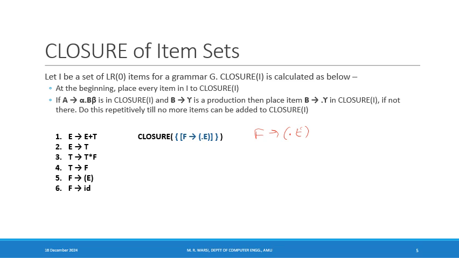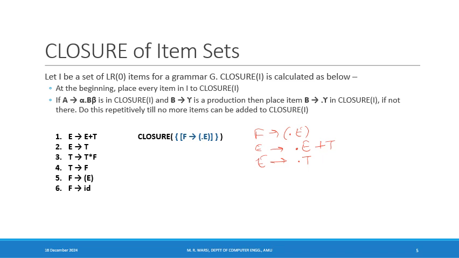Now after the dot I have the variable capital E, so I look at the productions of the variable capital E, and I will add LR0 items corresponding to them. I have these two productions of the variable capital E. So now I add the LR0 items corresponding to these two productions, which are capital E derives dot E plus T and capital E derives dot T. Now this will be done repetitively till no more items can be added to the closure set.